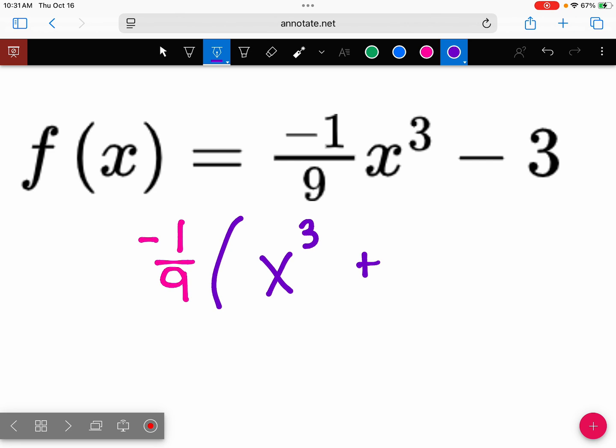Think 3 divided by 1 divided by 9. Those two divisions wind up doing a keep, change, flip situation. 3 times 9, 27.